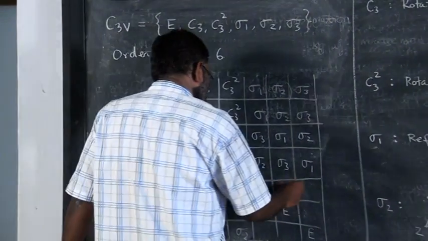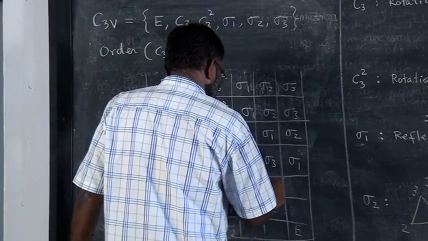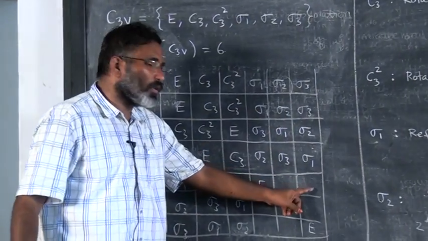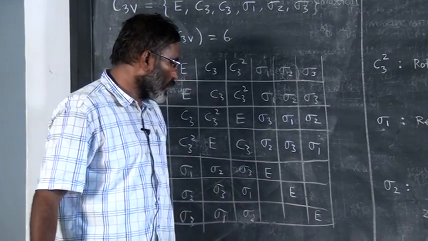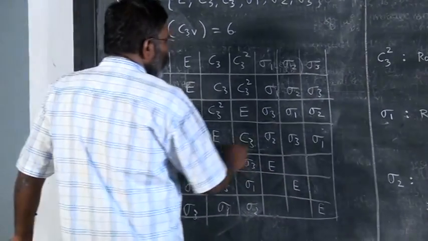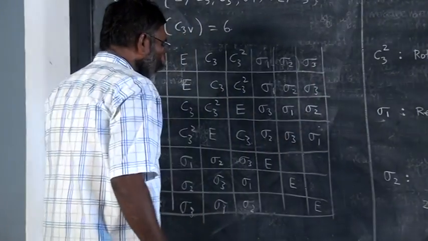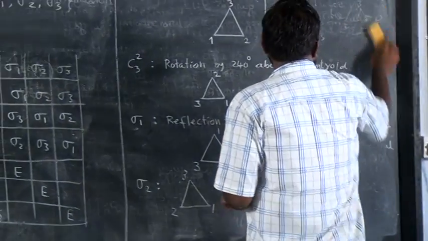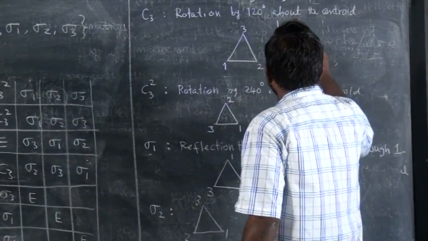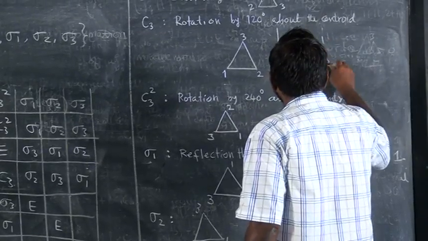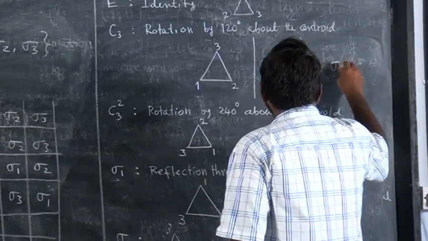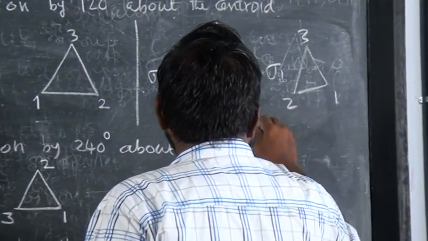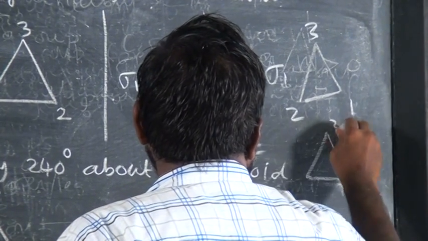And here what all should we get? These 3 and these 3. They cannot be sigma 1s. They have to be only C3, C3²s. Correct? So sigma 1 into sigma 2. If I do that, sigma 1 sigma 2 on 1, 2, 3 is sigma 1 on 3, 2, 1, which is equal to 3, 1, 2.